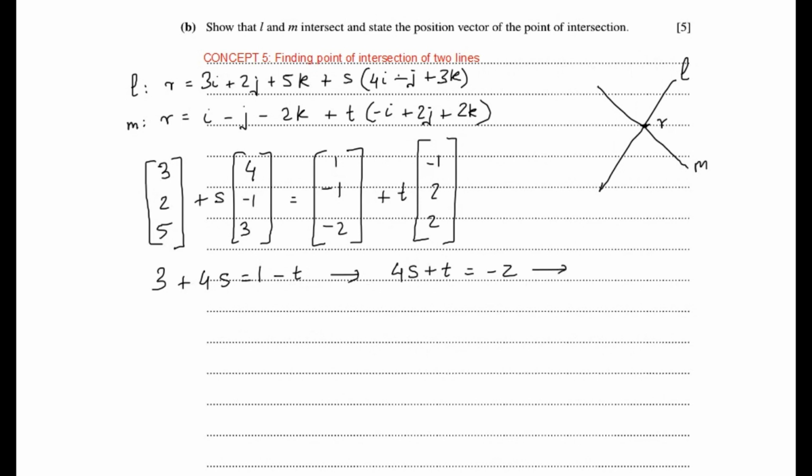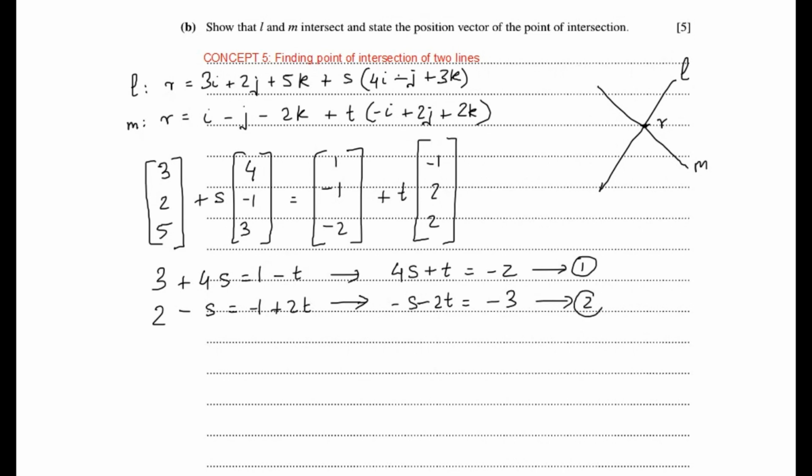That's our first equation. And then 2 minus s is equal to minus 1 plus 2t. Neaten the second equation up to give us negative s minus 2t is equal to negative 3. That's the second equation.